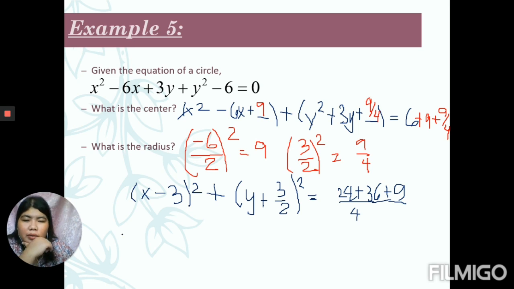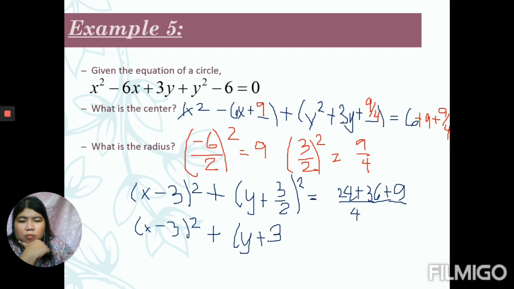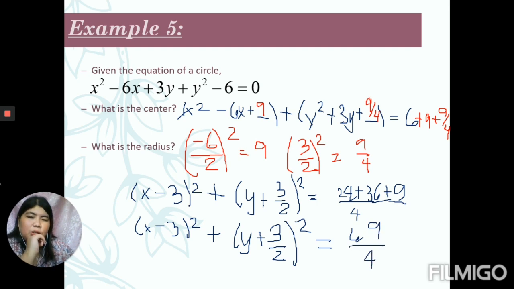Then, simplify. Add nyo lang yan: 24 plus 36 plus 9. That is 69 over 4.